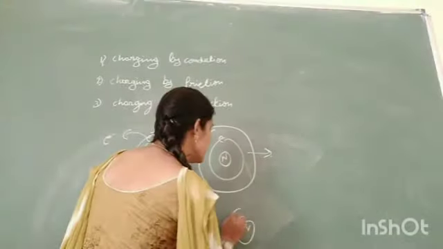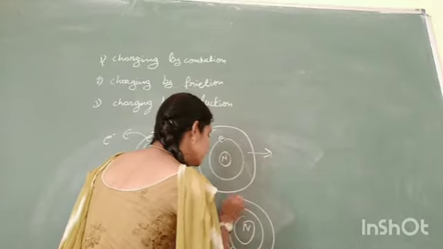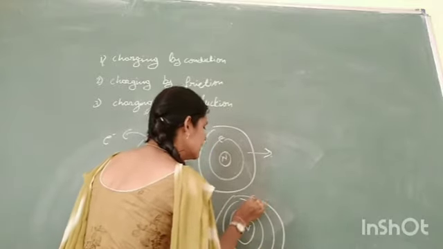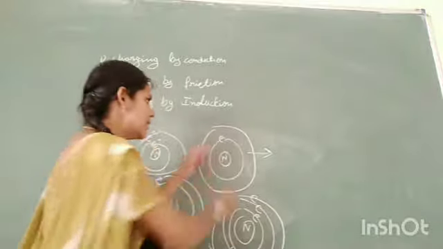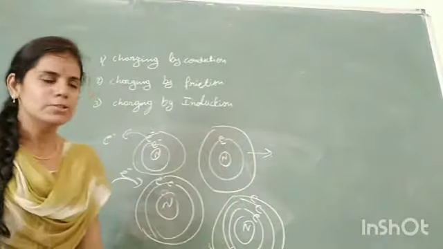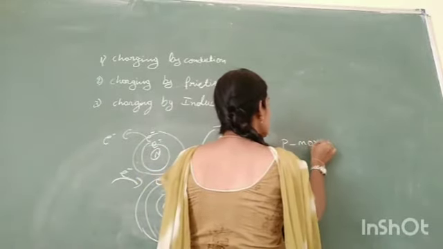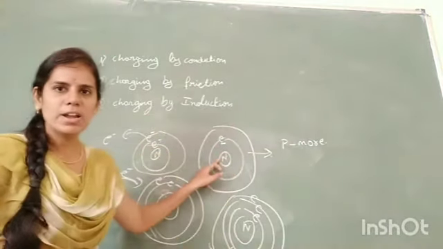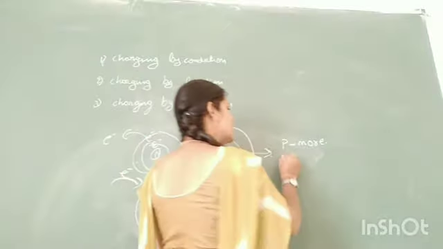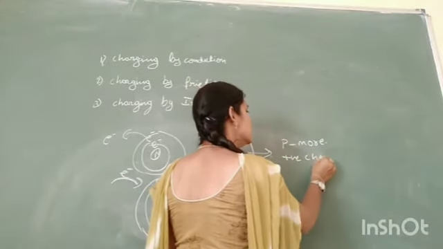So in this nucleus, along with the two electrons, it has three electrons, while here there is only one electron. This means the number of protons is more in the above case. Protons are more in the above case, so now it becomes positively charged.